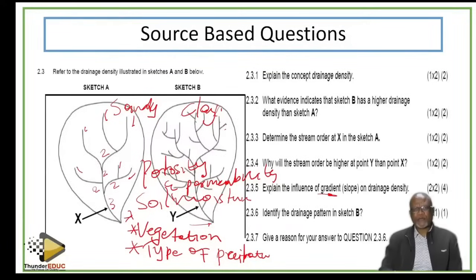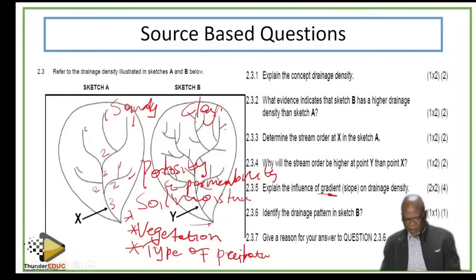So porosity influences permeability. Clay soil is less porous and also less permeable. Because it is less permeable, it's going to result in high runoff and less infiltration, and therefore it is going to have higher drainage density.